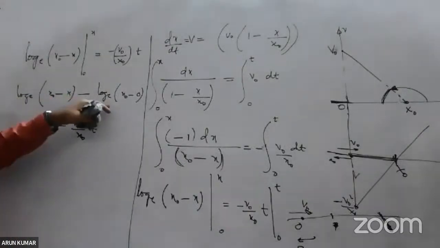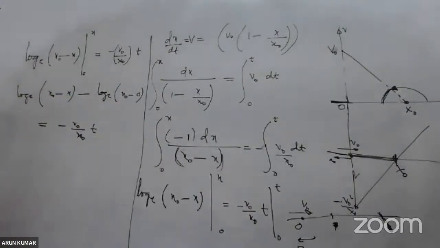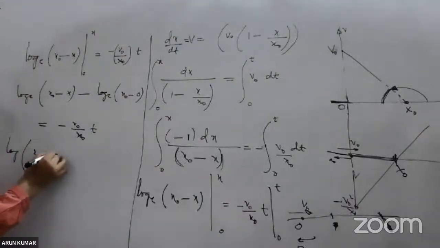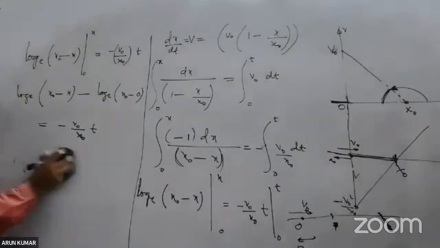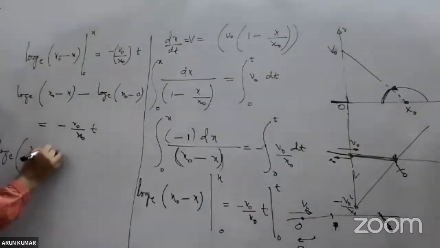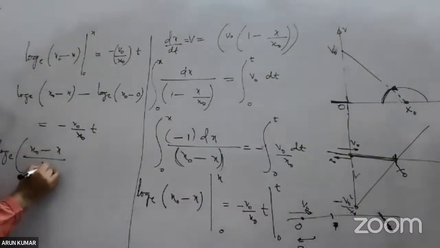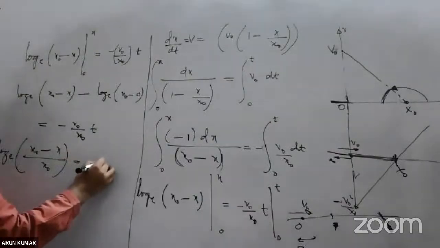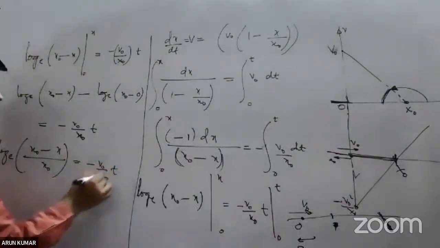Log a minus log b would be log a by b. So log of x naught minus x by x naught is equal to minus v naught by x naught into t.